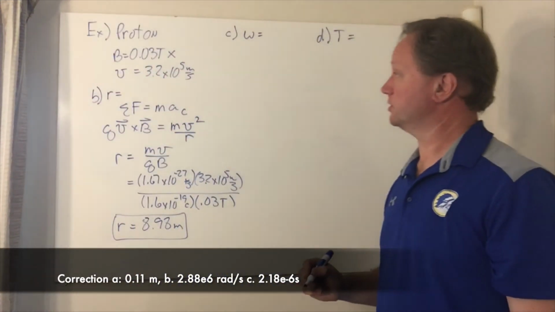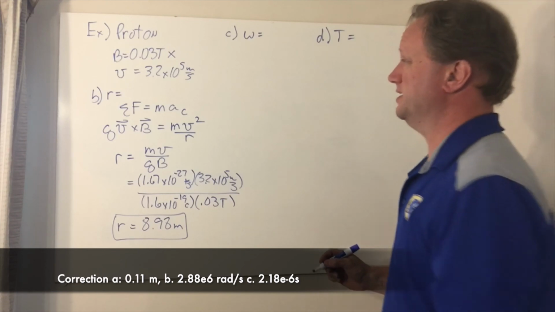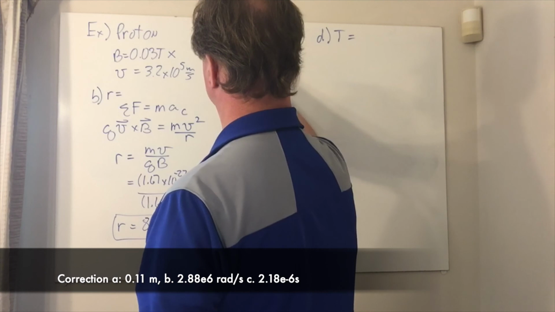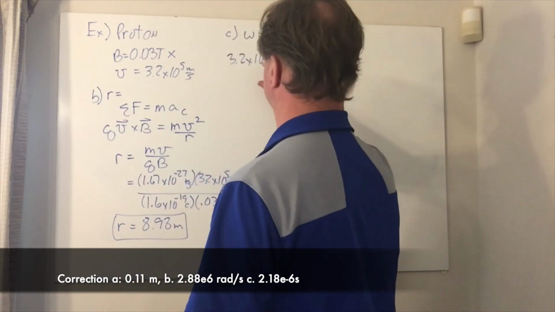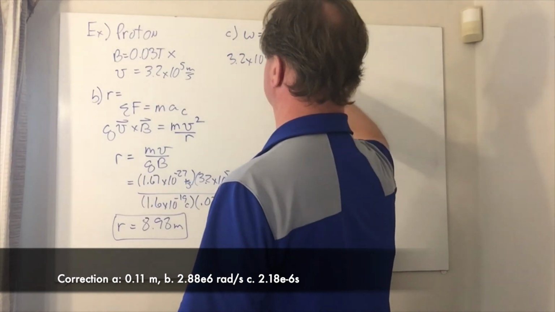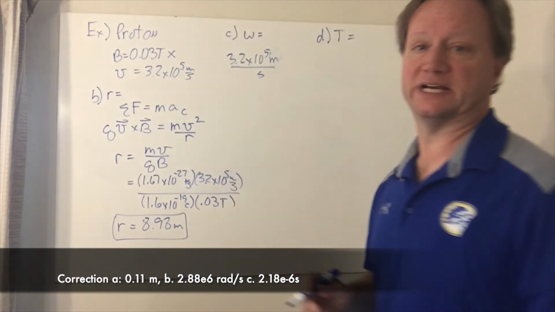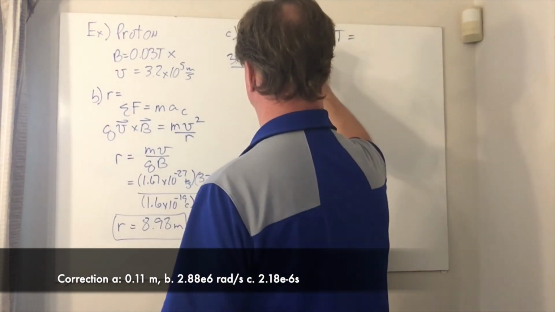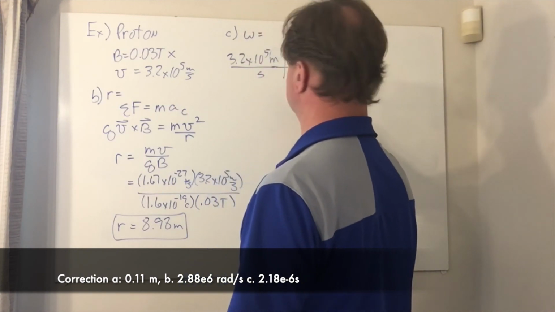Now, in part C, we want to know the angular velocity. Okay, well, we already know what the linear velocity is. 3.2 times 10 to the 5th meters per second. Okay, I'm going to write this so we can think of it in terms of a picket fence. So this is meters over seconds. We're in meters, we want to be in radians. 1 radian is a radius length.